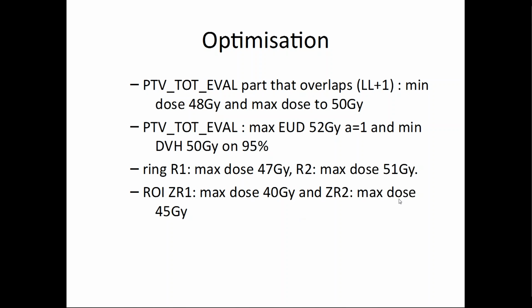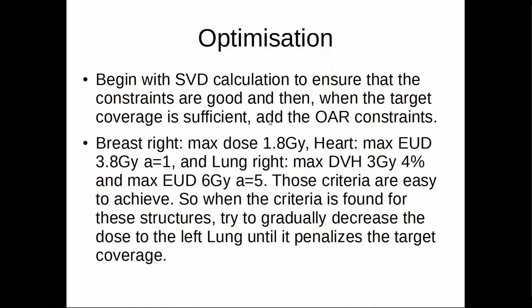And then the manual ring that was body trimmed, I put max dose of 40 gray, and on the trimmed area, the max dose was 45 to allow higher dose in this area. Then I begin the optimization by SVD calculation. I just compute in SVD because it's fast and it has good precision.